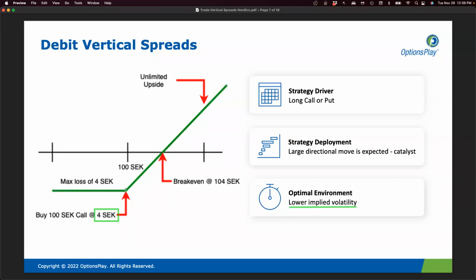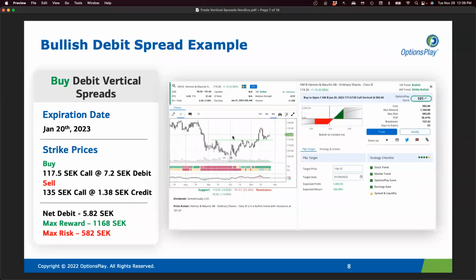The lower the cost of the call option, the smaller the break-even point, the smaller the move that it requires for you to be profitable. In a high volatility environment, the cost of this call option will be more expensive, which simply means that the stock has to move even more before it's profitable. That's why low volatility environments are better when you're buying a long call or a put or buying a vertical debit spread. So let's take a look at a real example of this.